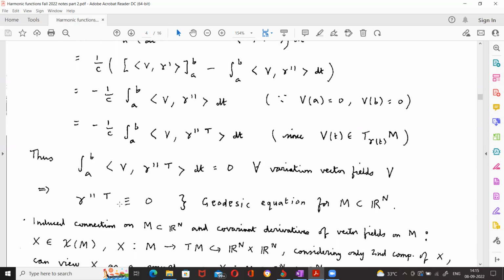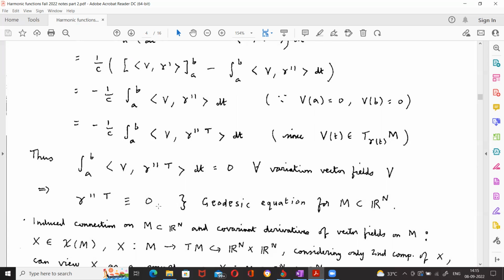The point is this is true for all v, and therefore the tangential component of gamma double prime is 0. So this last equation is the Euler-Lagrange equation for the length function. Is it clear? Okay. So this gives us what's called the geodesic equation for the submanifold M.